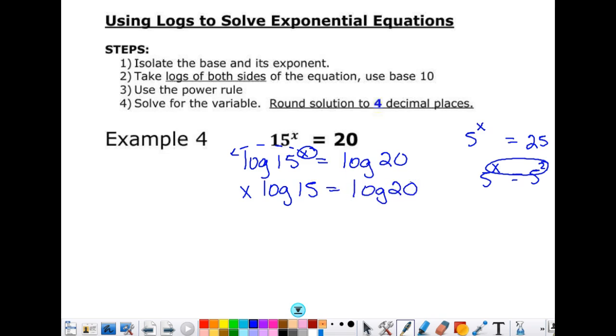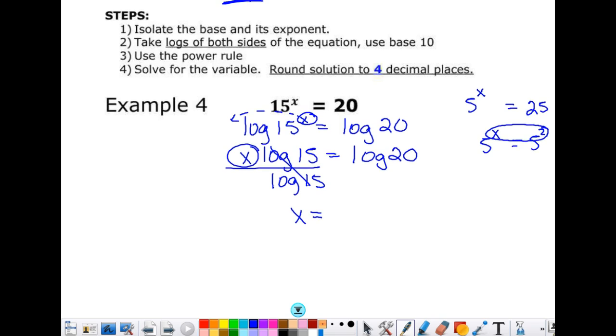This is a solving problem, so we're trying to solve for x. If I divide by log of 15, then I get just an x, correct? So if I divide by log of 15 on the left, then on the right I also need to divide by log of 15.